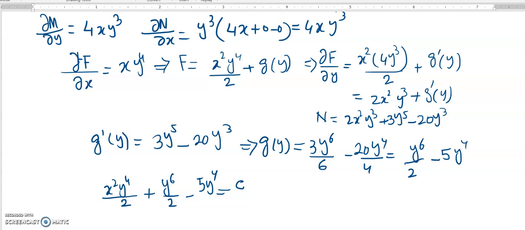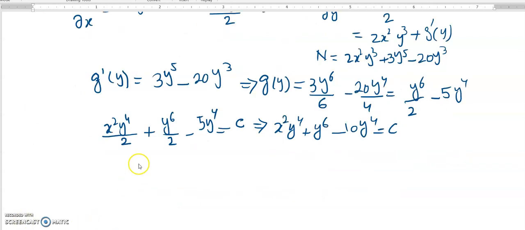We can further simplify it by multiplying by 2: x square y power 4 plus y power 6 minus 10y power 4 equal to a constant. So this will be the solution.